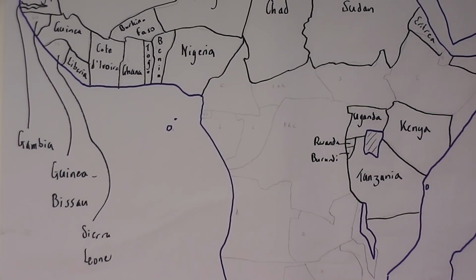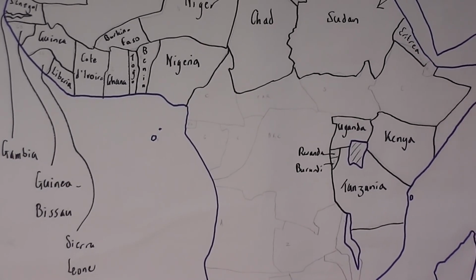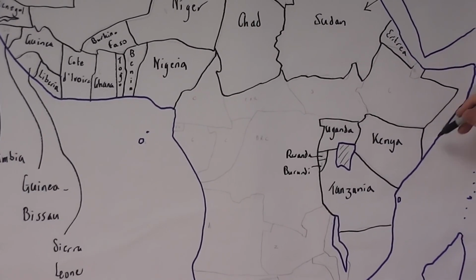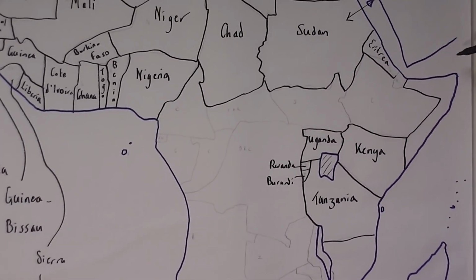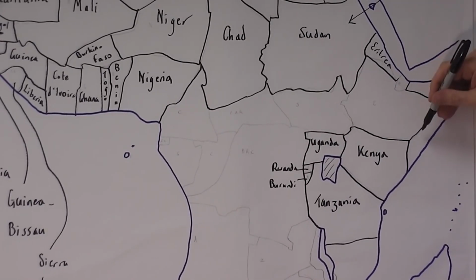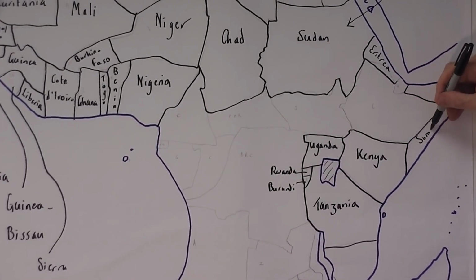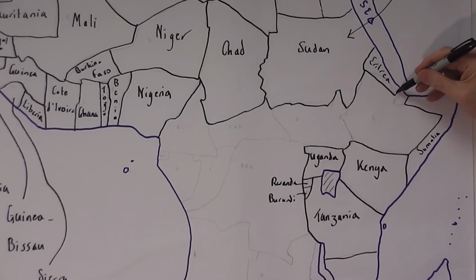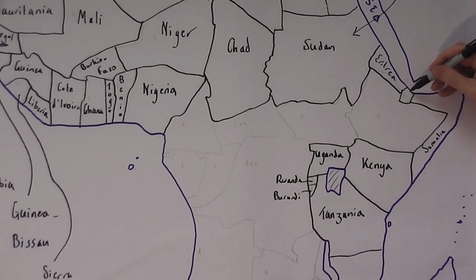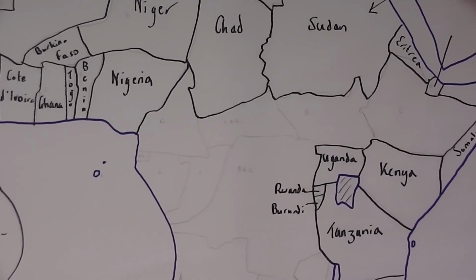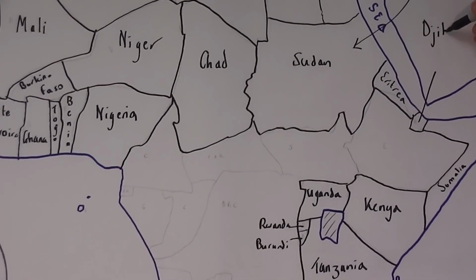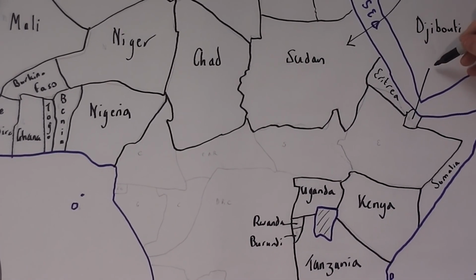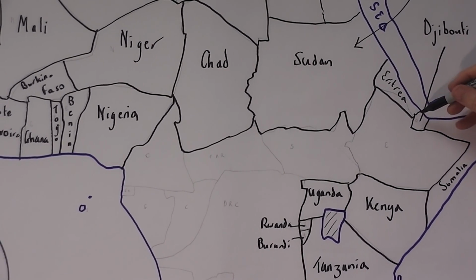Now we come to this part of Africa. This is called the Horn of Africa, this section here, which looks like the horn of a rhinoceros, and this is Somalia. There's a little tiny country there called Djibouti, which is spelled D-J-I-B-O-U-T-I. Djibouti here.